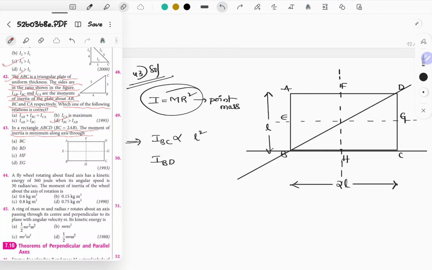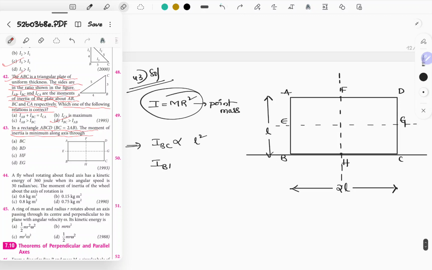Now if I observe the axis which is passing through E and G, that is going to give you the least distance. This is going to provide L by 2 distance.